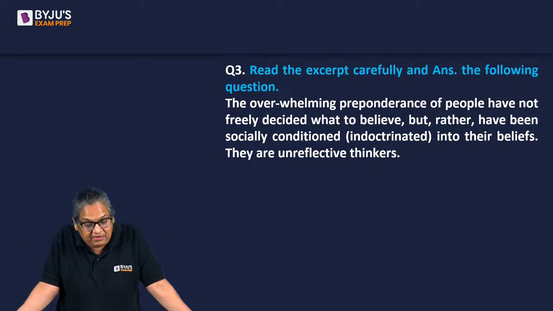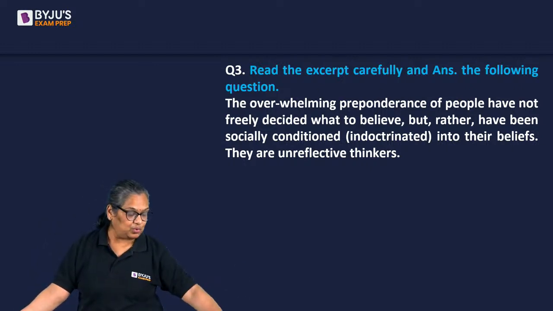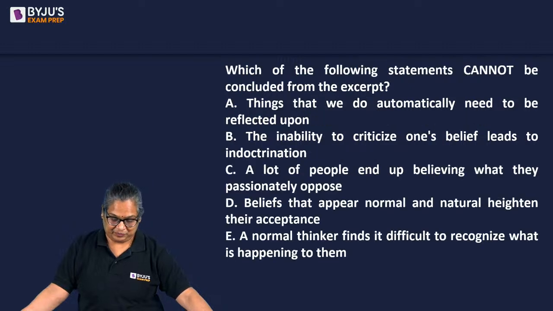What do they believe? They believe what they have been socially conditioned to believe. And this majority of people are unreflective thinkers. That means they do not reflect. Unreflective thinkers are people who do not think or do not reflect.